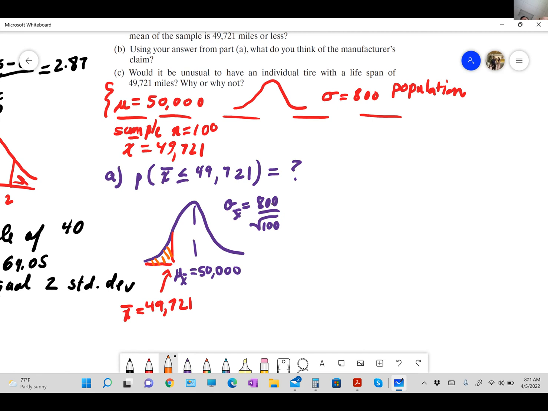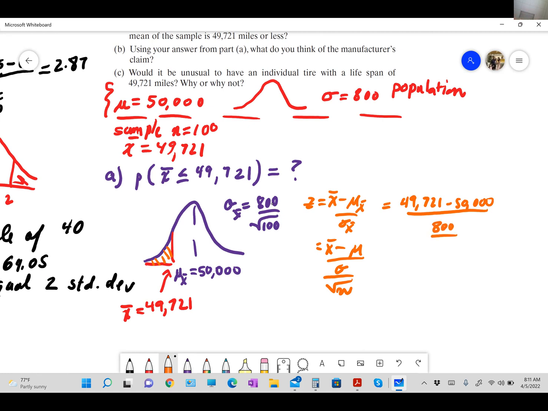So we say Z equals X bar minus mu of X bar divided by sigma X bar, which is really X bar minus mu divided by sigma all over the square root of n. So we have 49,721 minus 50,000 divided by 800 divided by the square root of 100.